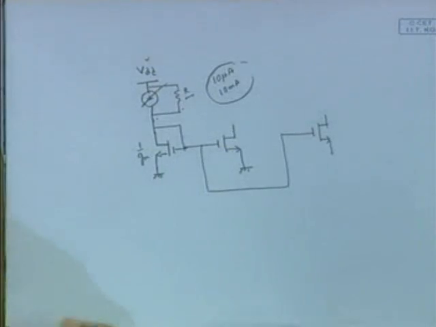So we can fix our objective to design a current reference independent of this VDD. If we can make this, then whatever be VDD, we can generate any value of current. This is our primary objective, to make the generated current supply independent.